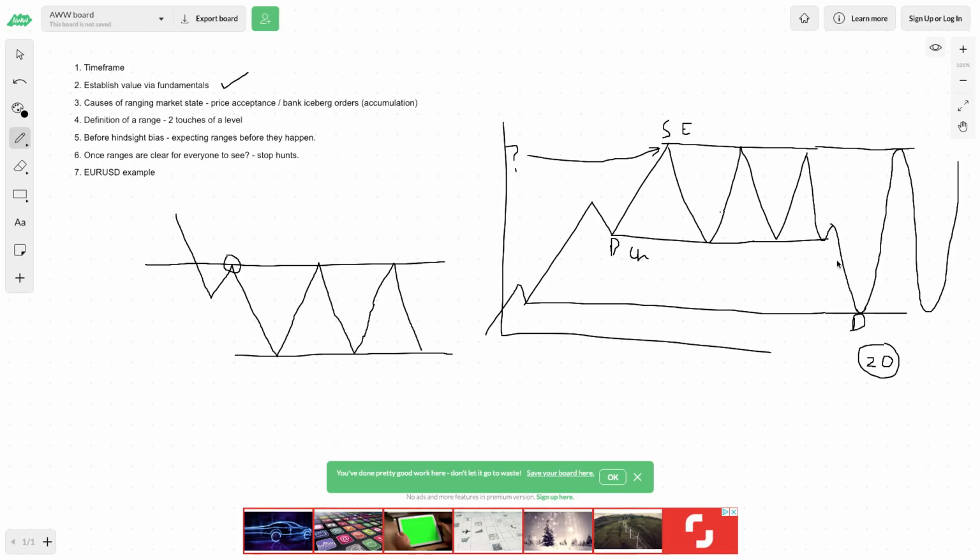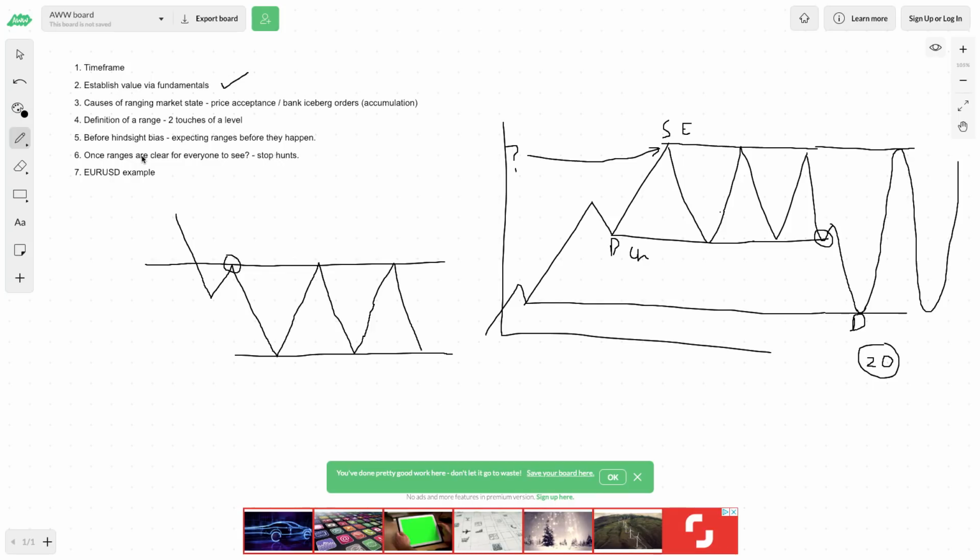So I'm always expecting price to range somewhere, whether it's between here and here. And if prices break down and I still want to be a buyer, then I'm expecting prices to range from here to here and so on and so forth, as long as my fundamental analysis is correct.